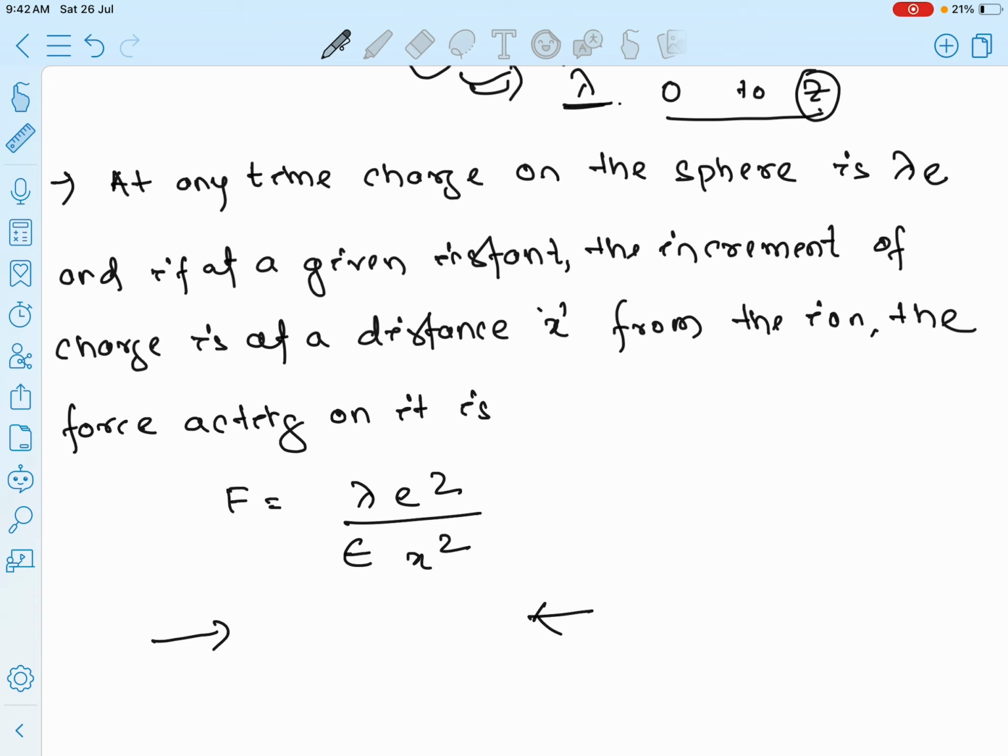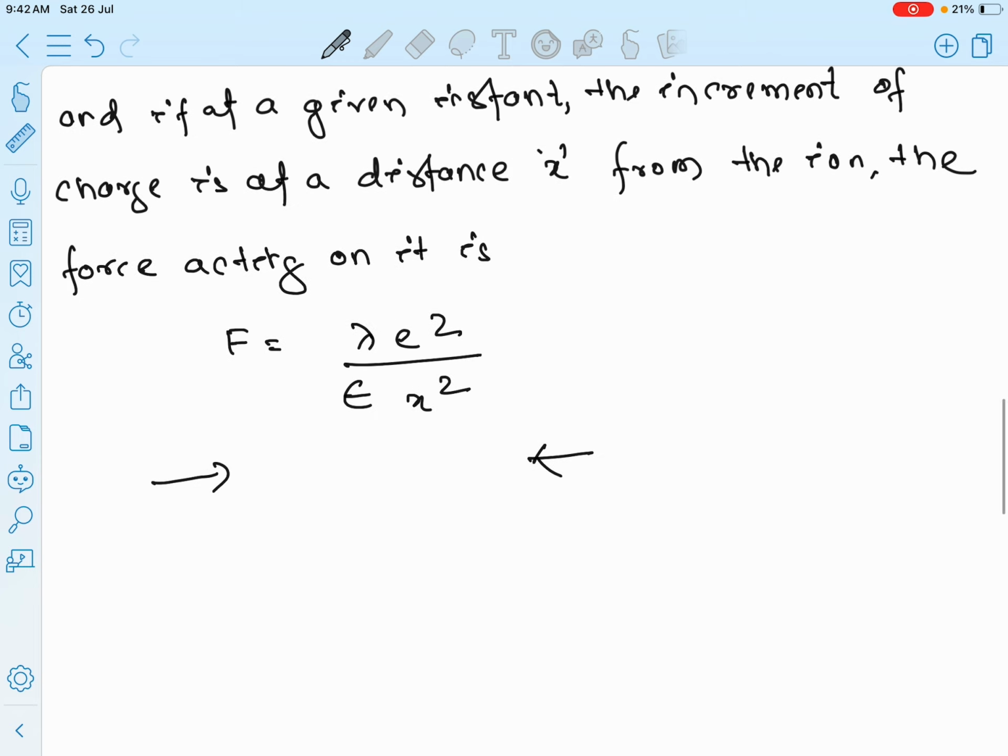That means the charge on the activated complex is continuously varying as x varies. Therefore, an infinitesimal change in the force will take place, and that is equivalent to lambda E squared d lambda. That means a change in the charge is occurring, which is represented by d lambda, and this is your equation number 1.